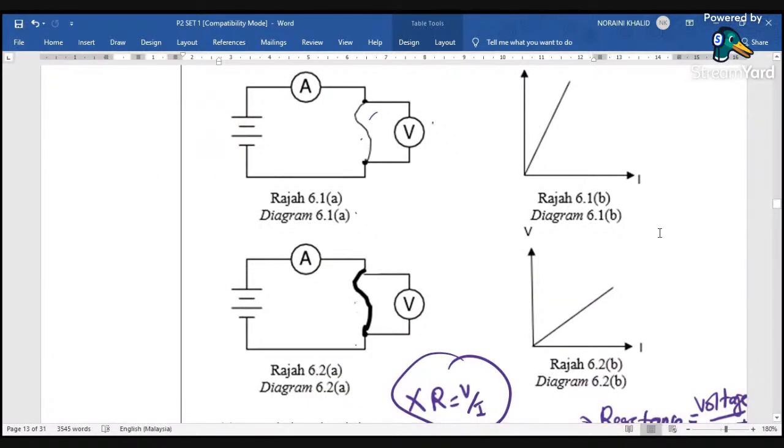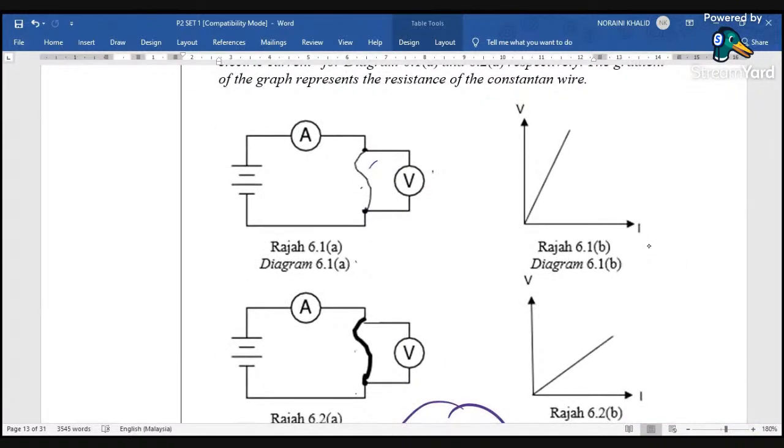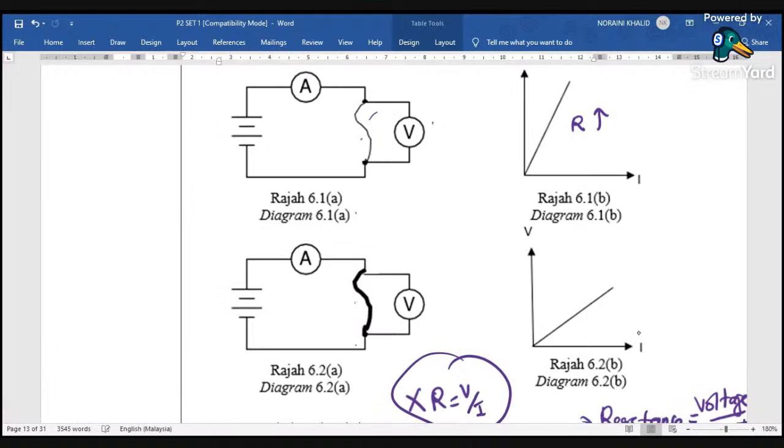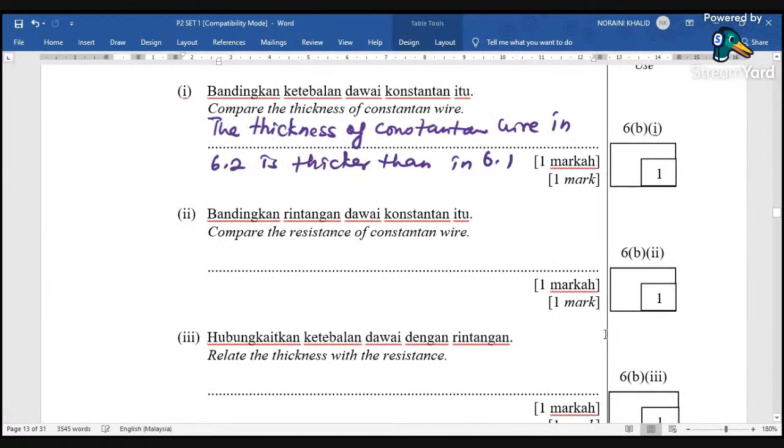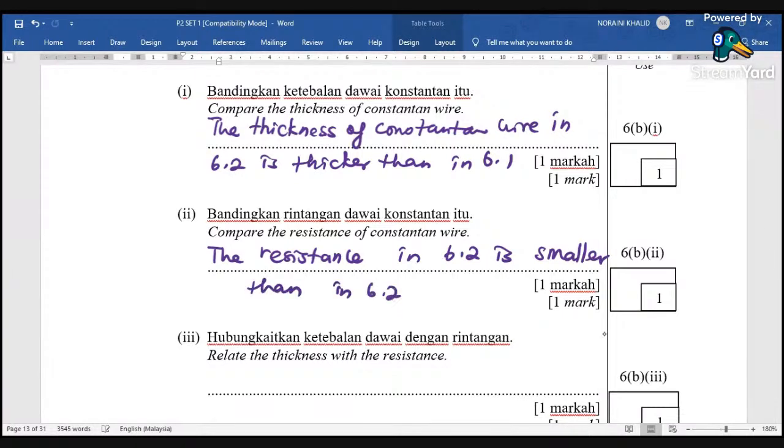From here, gradient, you can see the line is steeper, means the gradient is higher. So this one is larger gradient, so larger resistance. Here smaller resistance. So you can write the resistance in 6.1 is smaller than in 6.2. Sorry, 6.1.